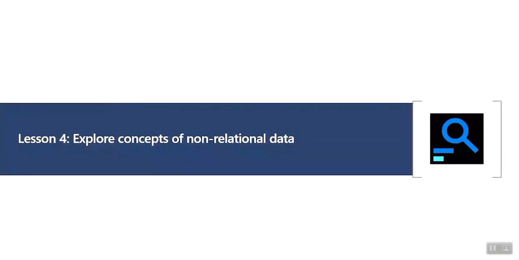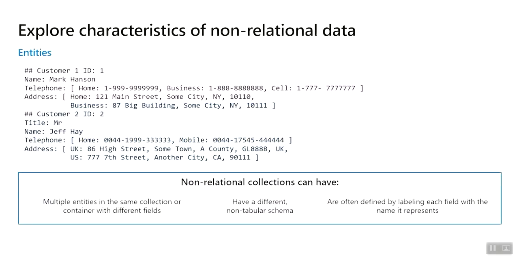Lesson 4, exploring concepts of non-relational data. In a non-relational system, you typically store the information for entities in collections or containers rather than relational tables. Two entities in the same collection can have a different set of fields rather than the regular set of columns found in a relational table.